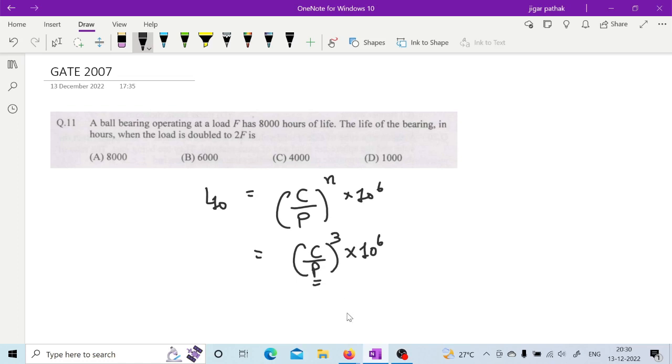In the first case, it is proportional to this.